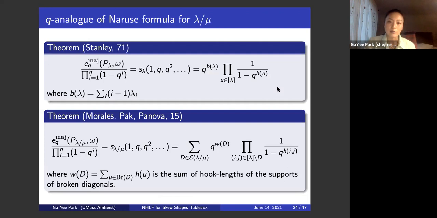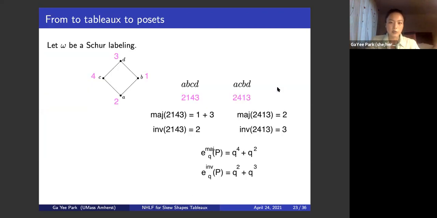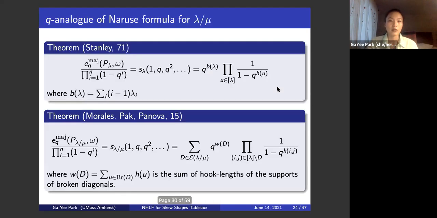So if I label these posets in a very particular way, I can again relate this to the tableaux that I worked with before. So for the q-analog of a very particular labeling called Schur labeling, there is also a product formula for this. So now this is to show the relationship between the Schur function and the q-analog of the posets coming from this particular shape of Young diagram.